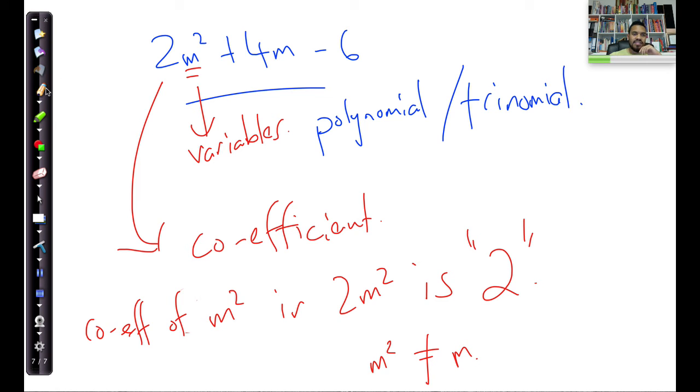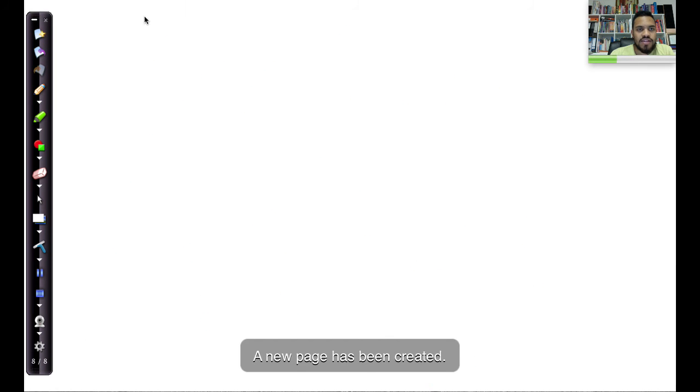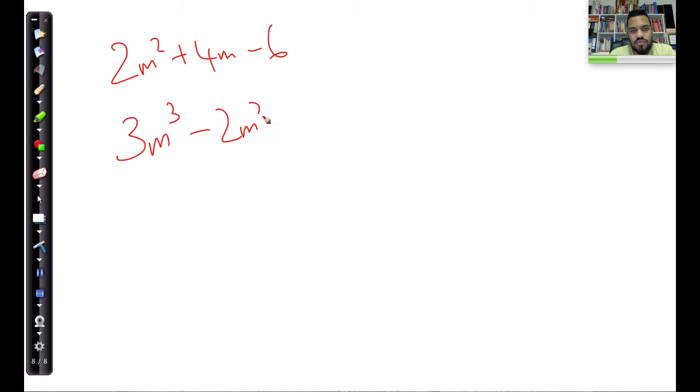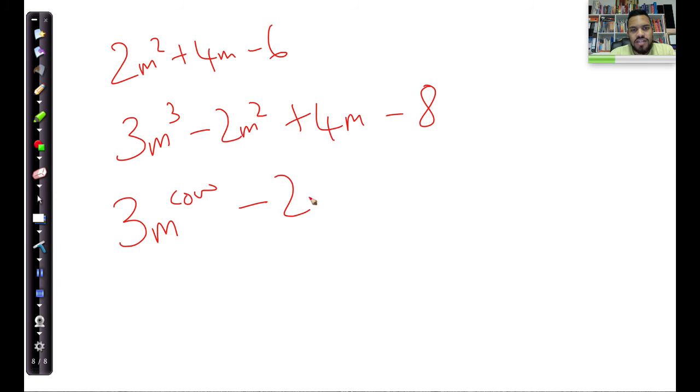And then finally, the degree of a polynomial is determined by its highest power if there's only one variable. Okay, we're not going to complicate it with multivariable polynomials, so let's look at a few examples. 2m squared plus 4m minus 6, 3m cubed minus 2m squared plus 4m minus 8, 3m to the power of n minus 2m to the power of n minus 1 plus 8.